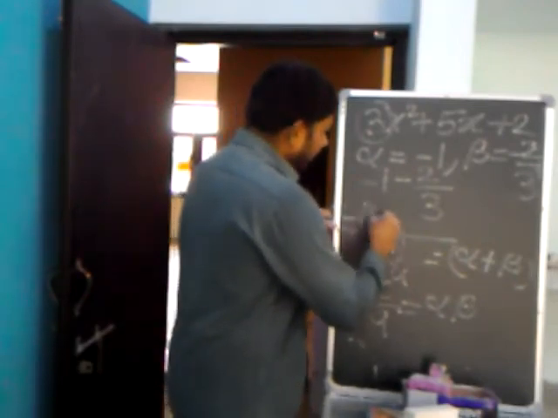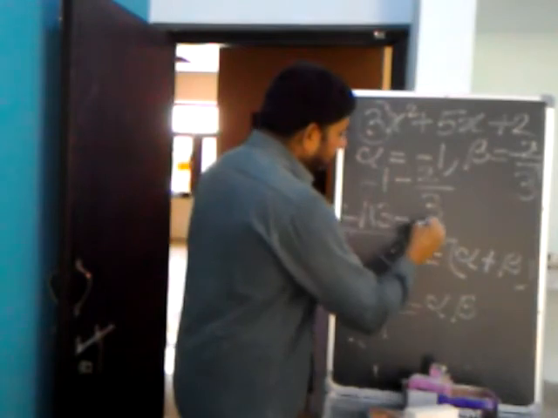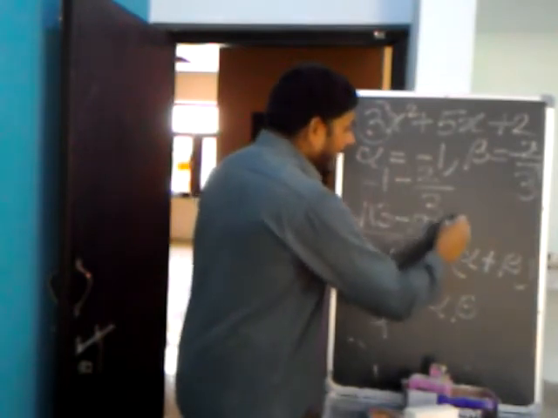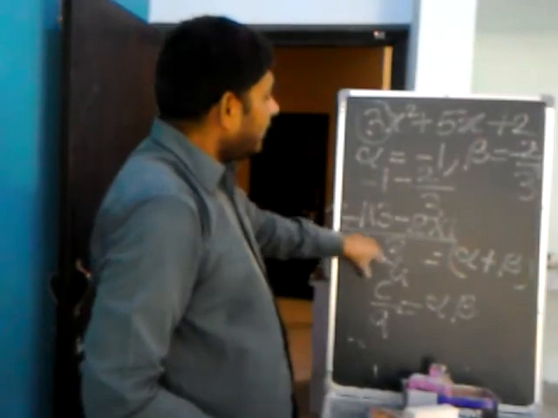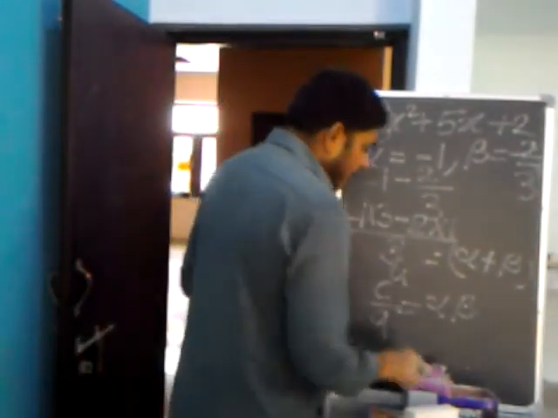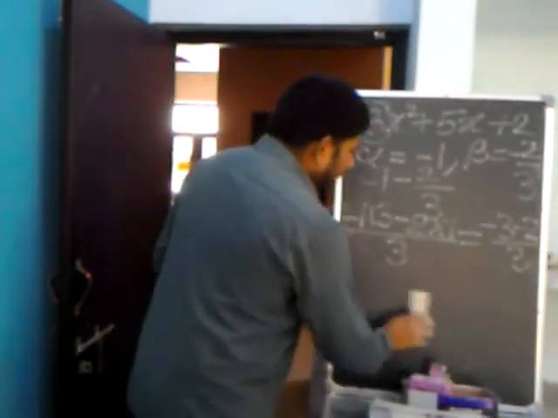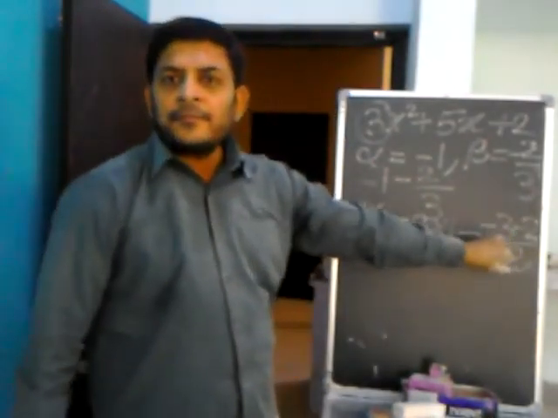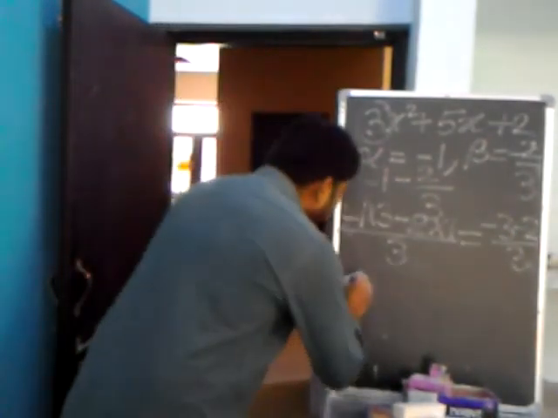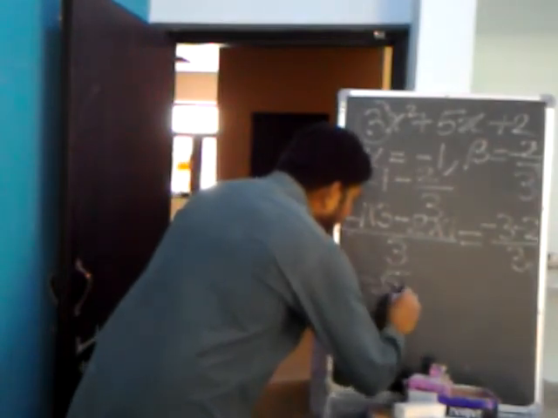Minus 1 into 3 and minus 2 into 1. Why? Because 3 divided by 3, answer is 1. And we got minus 3 minus 2 upon 3. Because both of them have the same sign, they will add. So minus 5 upon 3.